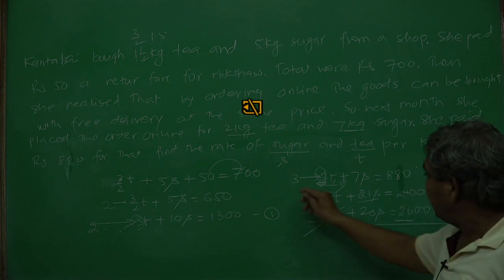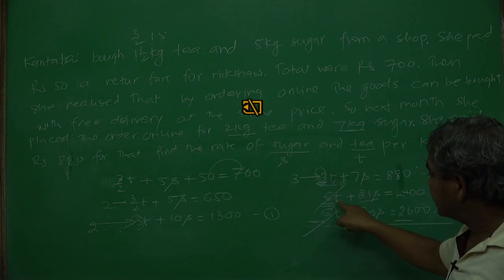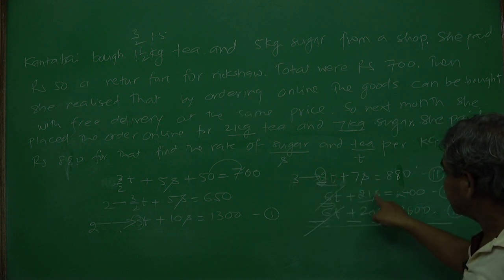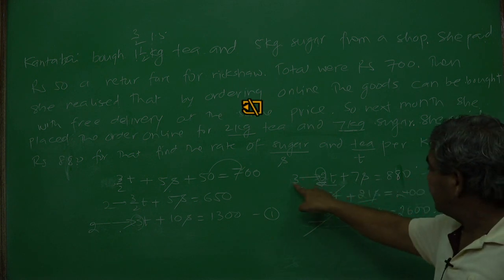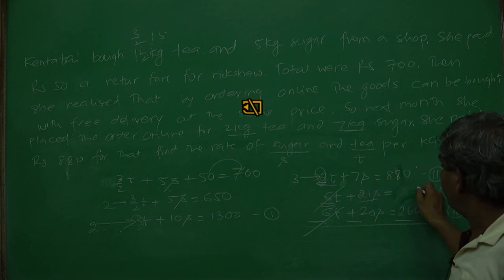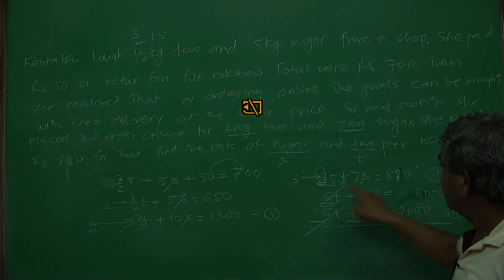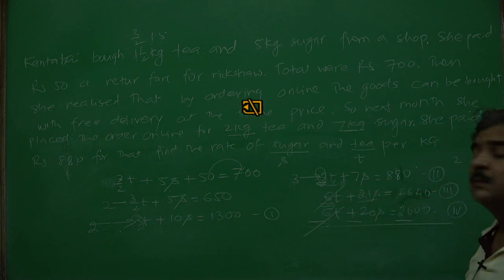If I multiply by 3, 3 2s are 6, 21S is equal to 3 8s are 24, 2640.